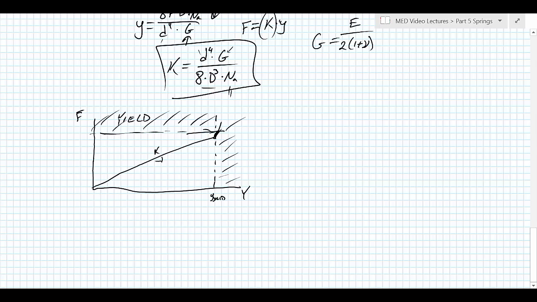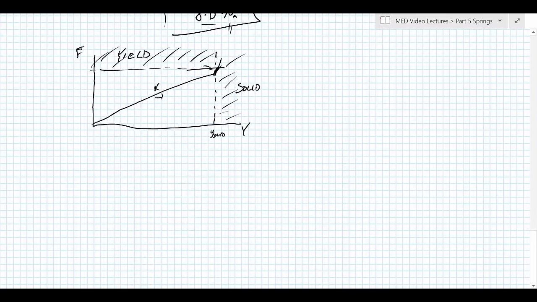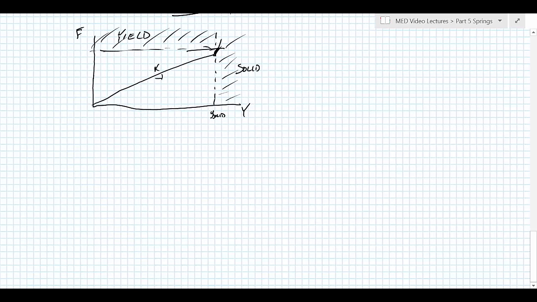So that we basically avoid ever getting to yield. And in the next video, we'll talk about some design principles that get us to that. But for now, this is the solid side, and then up above would be yield. Let's talk about what a spring looks like under each of these scenarios.